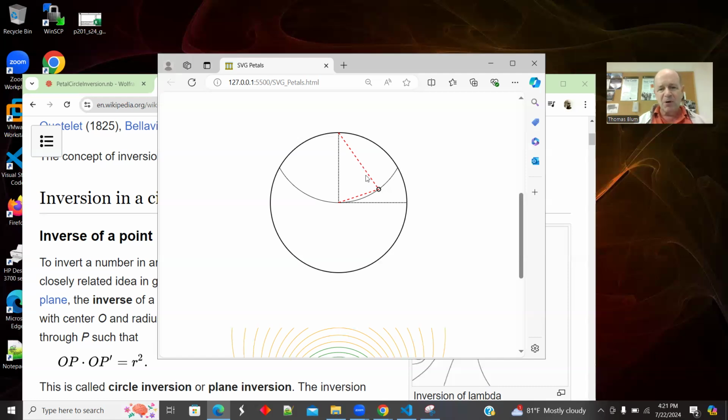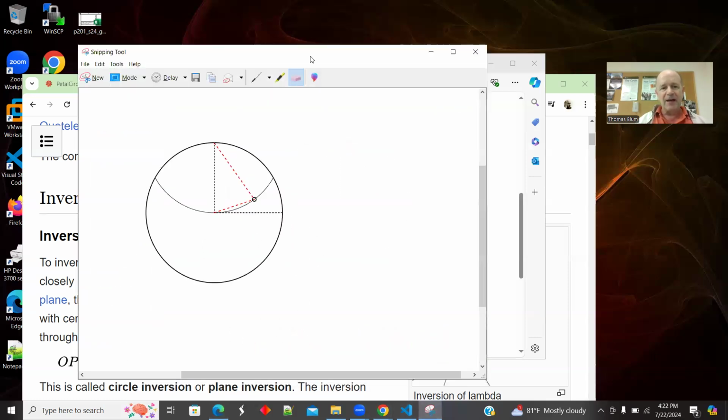But I'm a glutton for punishment, so I decided to take an arbitrary point along the arc, and does it really end up on the horizontal line? Okay, so in SVG, I drew this picture for myself, and let me add to it here.